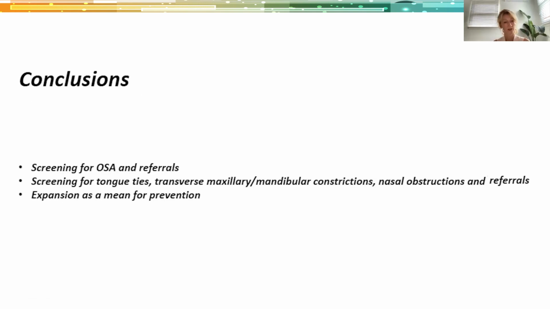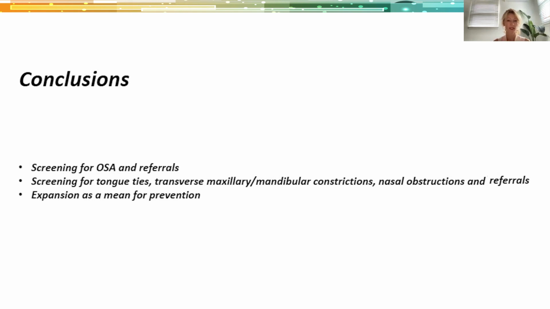My conclusions are that screening for our patients is extremely important, and the proper referrals. We have to look at our big full arch restoration patients, not only when they come for those restorations, but from early on, trying to catch those future patients early on when they are kids, when they are adults.